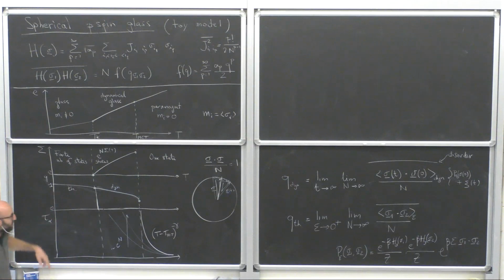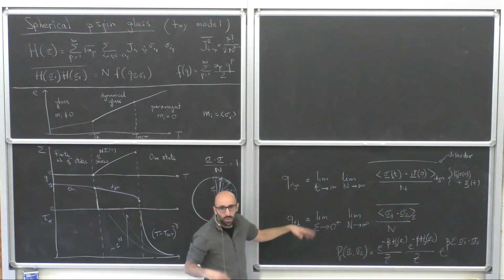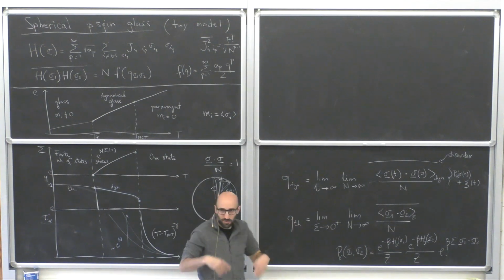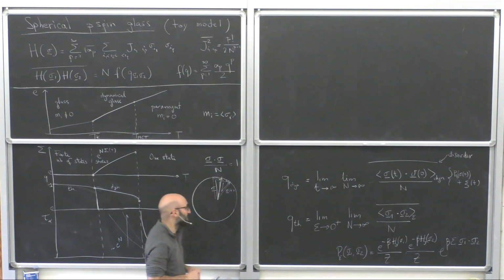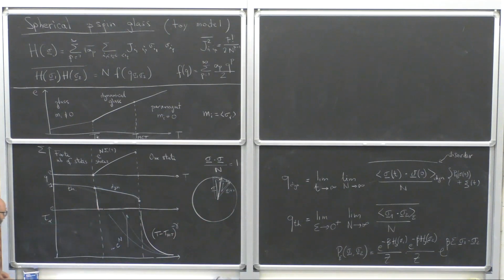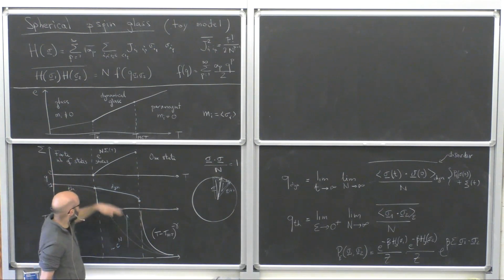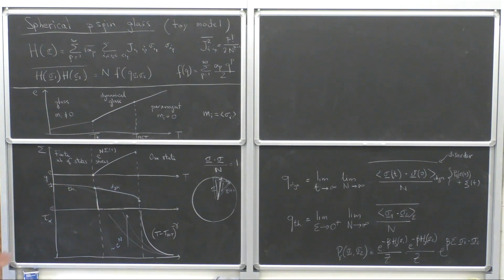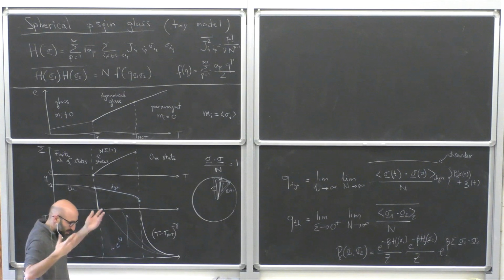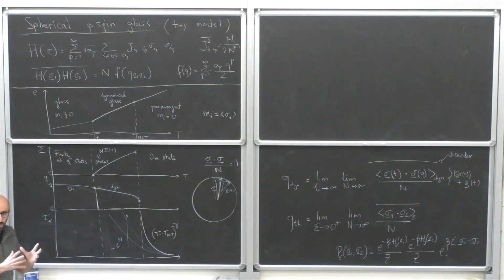So to compute this thing, you have to do what is called the replica calculation, and then you have to do the famous replica symmetry breaking, and you get this. Okay, so there is this region here. So here you have a spin glass, here you have a paramagnetic state, and here you have this hybrid thing that it's not clear what it is, but it's a situation where you have all these very many states that block the dynamics.